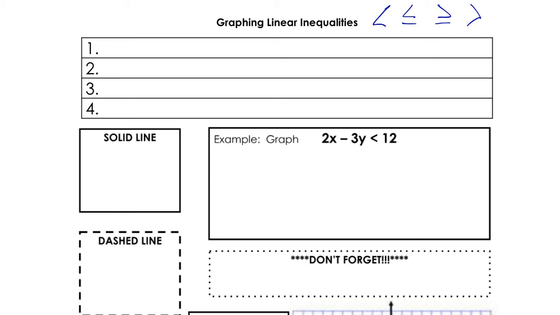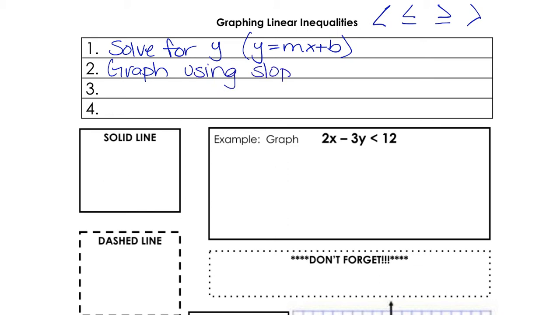First of all, we need to solve for y, so we need it in y equals mx plus b format, right? So this is what we're looking for. We need to graph using slope and the y-intercept.